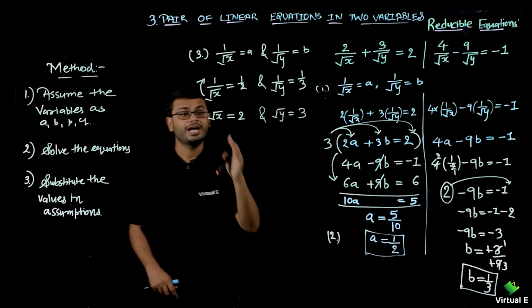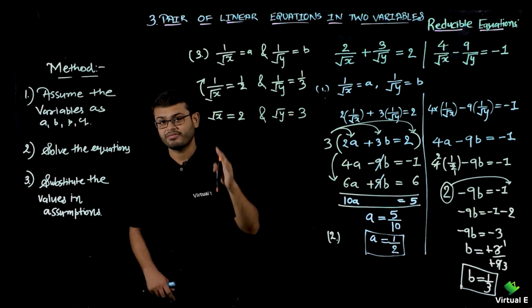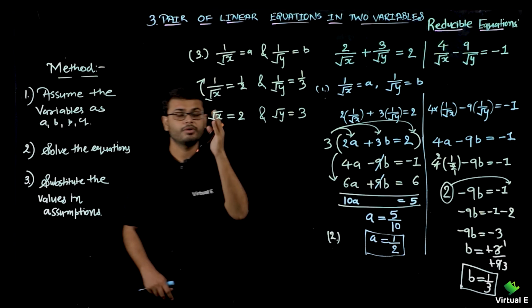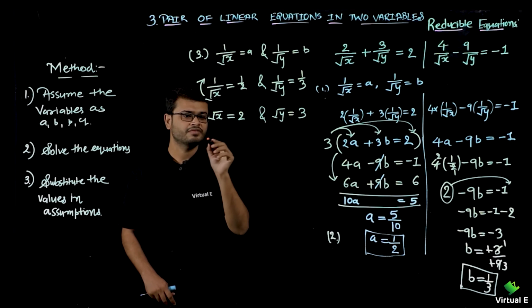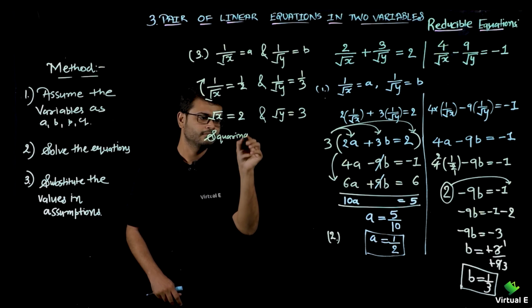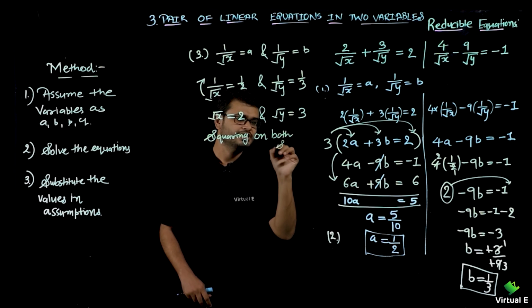Still we don't have the value of x and y. We don't need only the square root of x. We want x. So to remove this root, we are going to square on both of the sides. So you can write squaring on both sides.